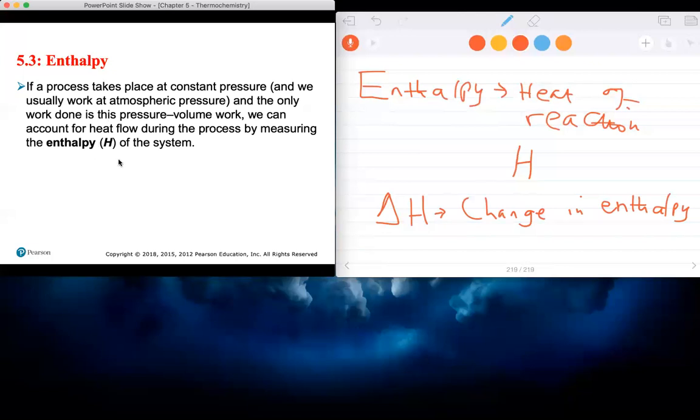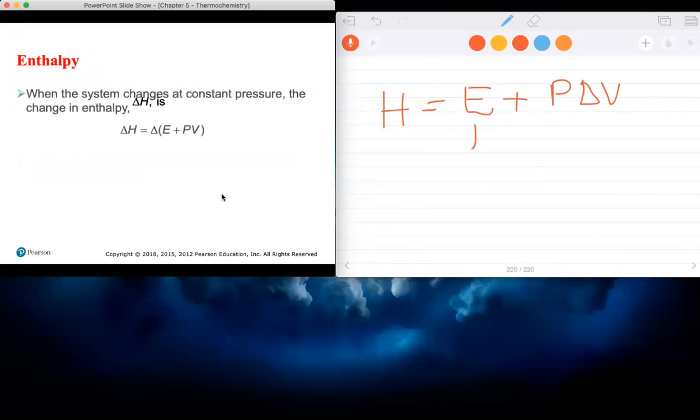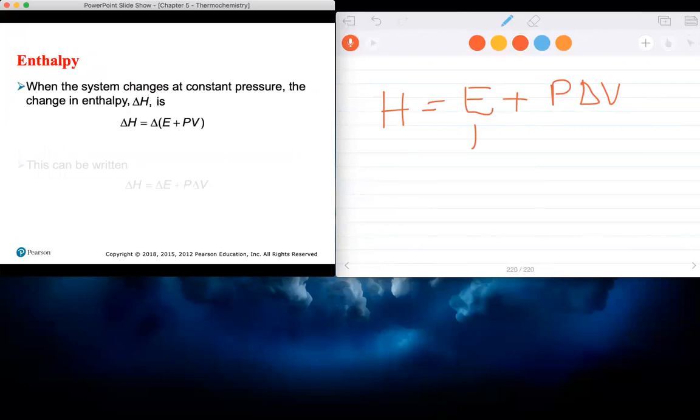So if it takes place at a constant pressure, PV work, we can just talk about the enthalpy, and it is obtained from the internal energy we talked about last time. From this, enthalpy now is internal energy plus PV work, or change in volume. Delta H is change in internal energy plus change in PV.